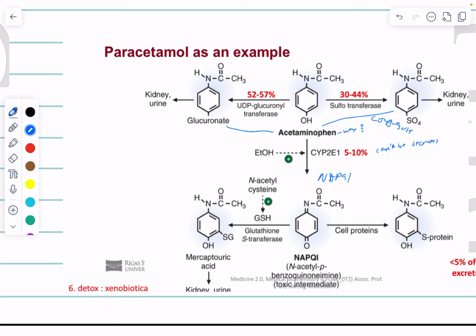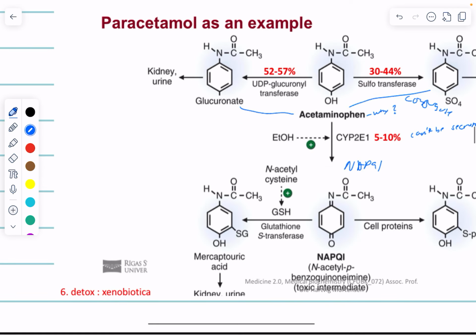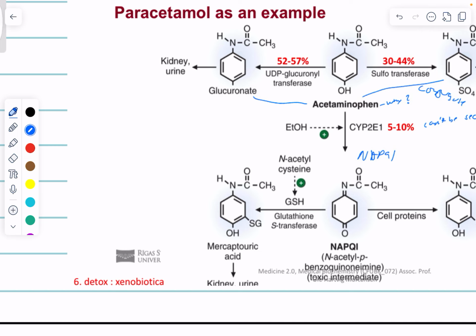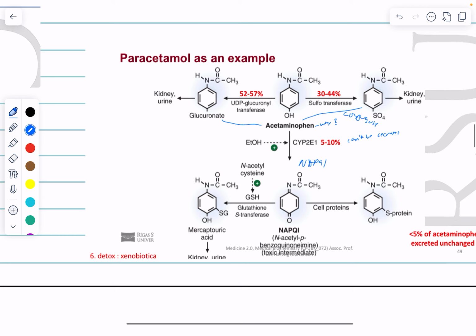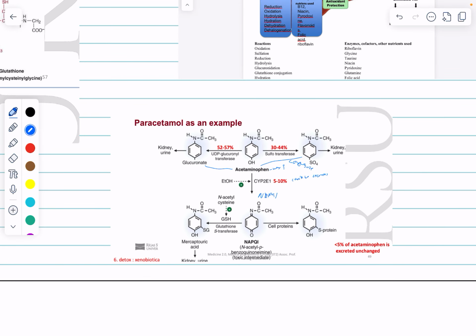In case of overdose, we could get cell necrosis, which means cell death in the liver. Because we need this glutathione, we can then use this enzyme to create mercapturic acid and then secrete it through the kidney. And this mercapturic acid is less toxic than NAPQI. So don't overdose on paracetamol.